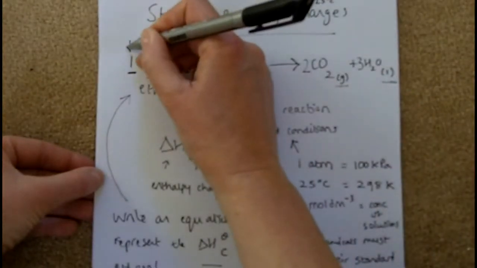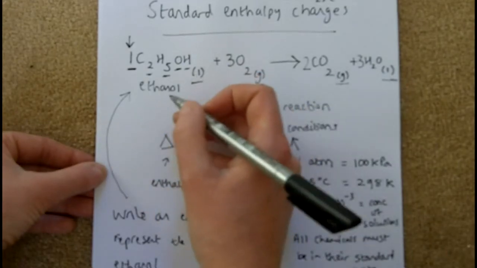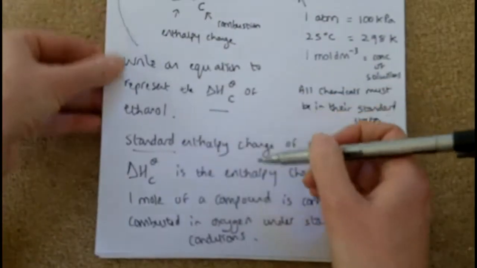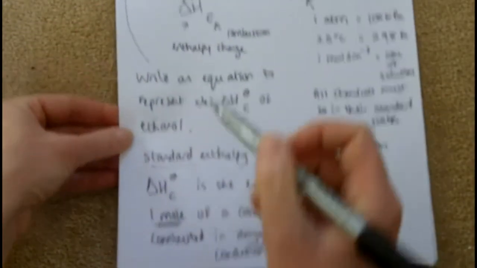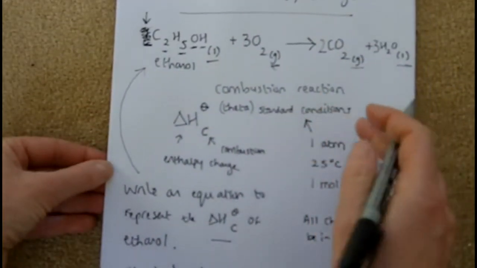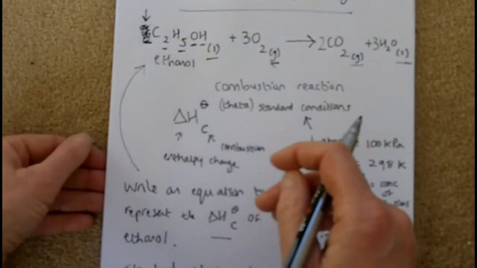So you never put a number apart from the number 1 there. You cannot put 2 because that is not combusting 1 mole of a chemical. It's either 1 or no number. Combustion of 1 mole of a chemical under standard conditions.